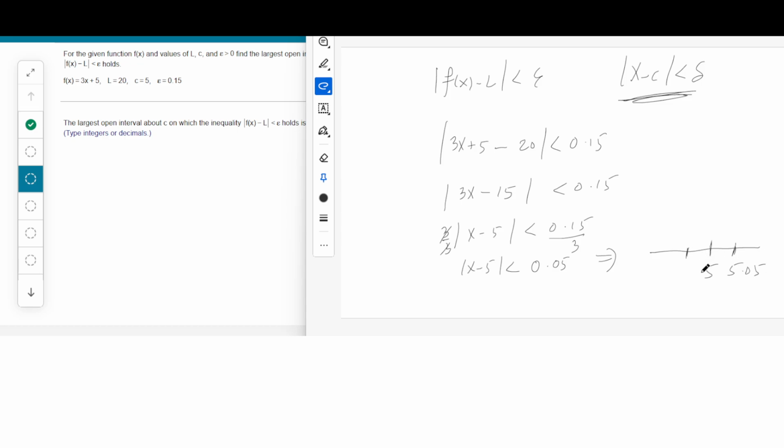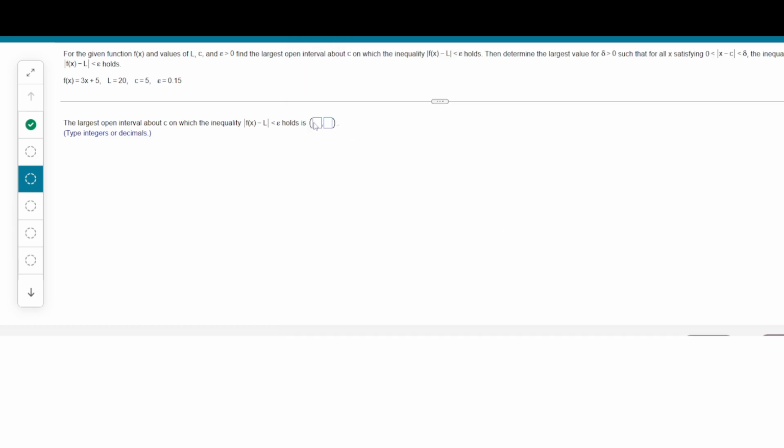If you subtract 0.05 from 5, it would be 4.95. So you can go anywhere from this point to this point, and still the image of that input would be inside this interval on the y-axis. Make sense?